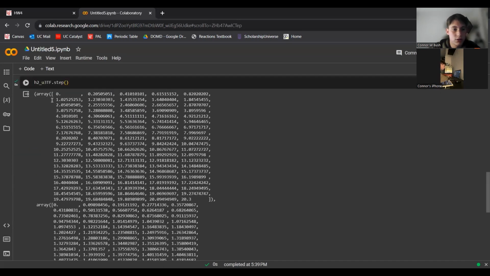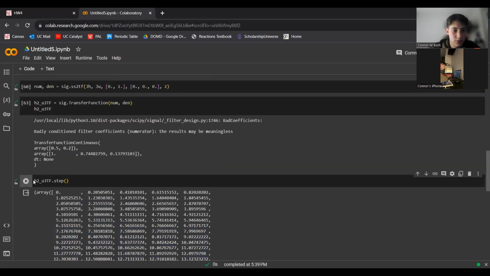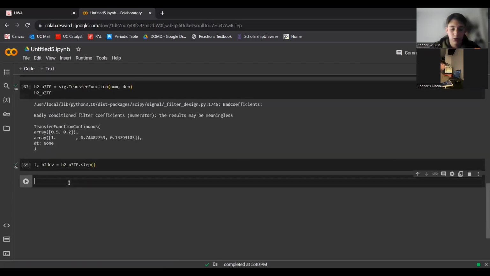We're given a time array and then a deviation array. So we can split that up like how we did up here. We're going to name the time array as just t, and then the deviations for H2, we'll name it that. So there we go. And now we can plot what this would look like.